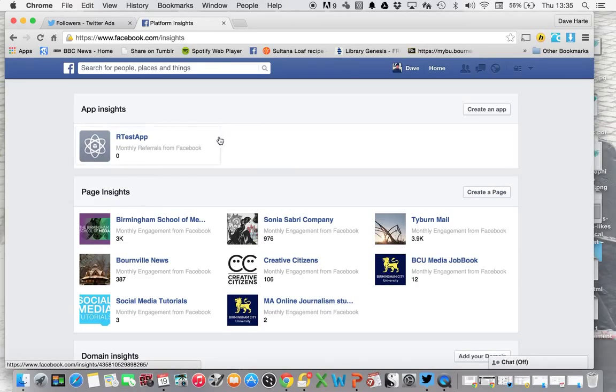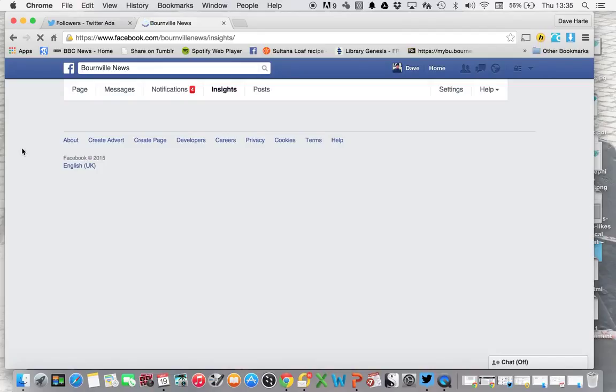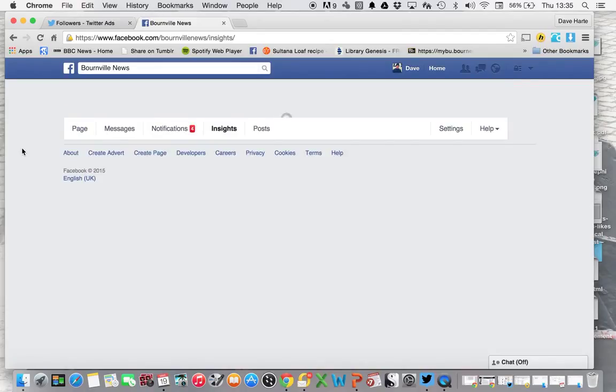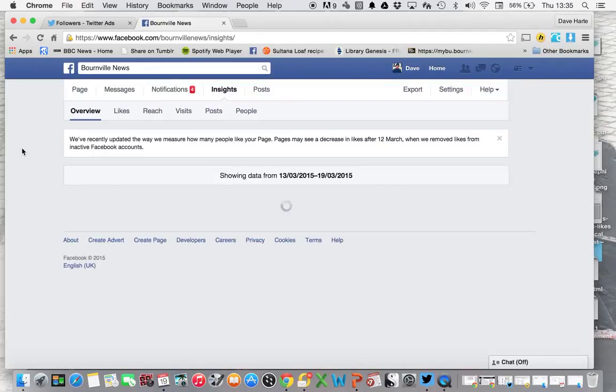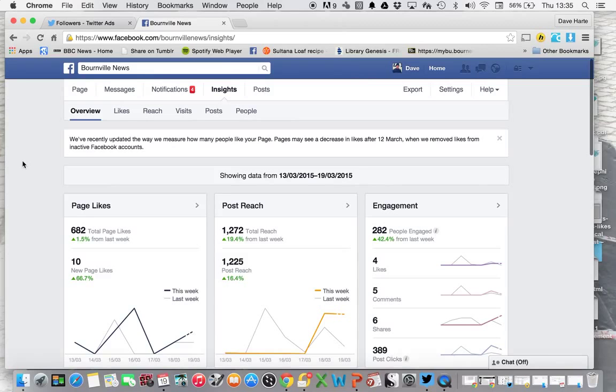Okay, ignore the top thing there. So I run several pages, or I'm administrator for a good few pages on Facebook. So we're going to look at this one called Bourneville News, because that's a website that I run, local news about the area, and I push the content to Facebook.